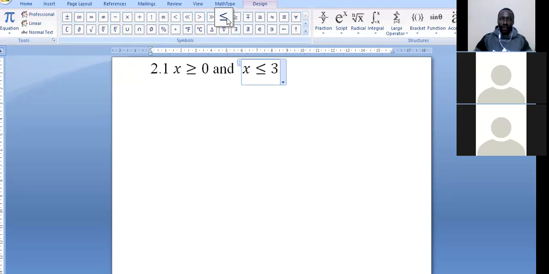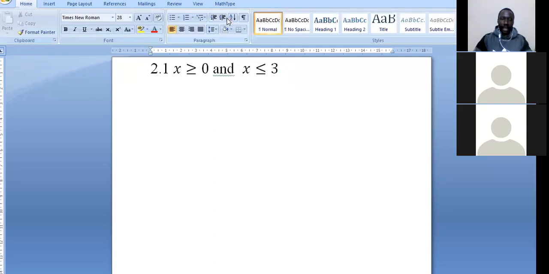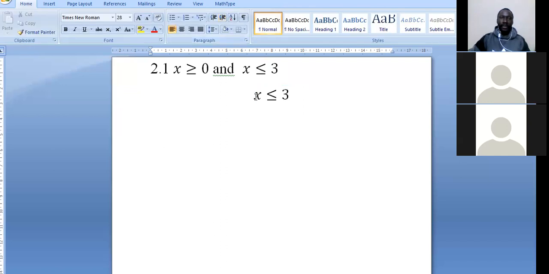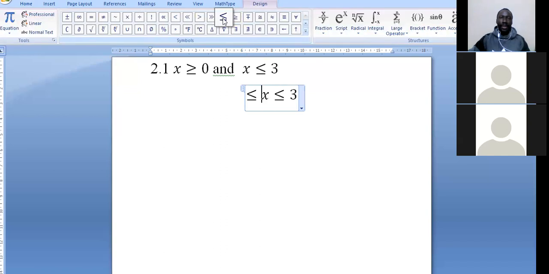So in general terms, we can therefore write it as x lying between 0 and 3. So we say x, the upper limit is going to be 3, and the lower limit right here is going to be 0.